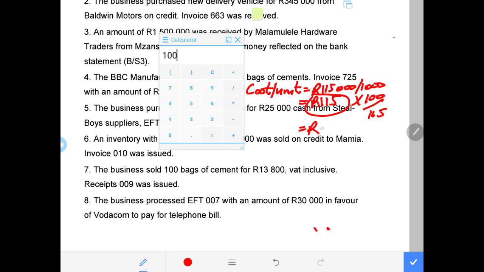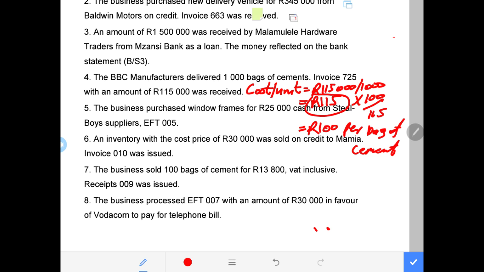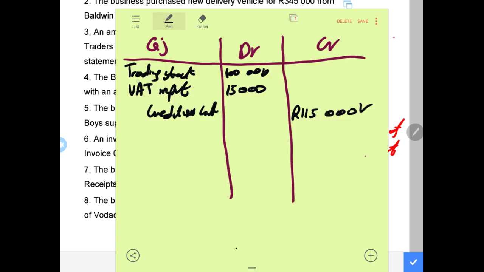We want to know how much the cost per bag of cement is, excluding VAT. It costs 100 rand, excluding VAT. Why do we remove VAT? Because we are going to claim this amount from VAT. We will claim it from SARS.